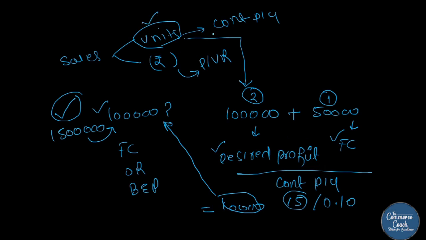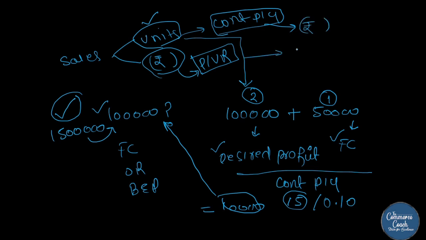If you are talking about the number of units, you can go with contribution per unit, and if you are talking about absolute rupees, you can go with the profit volume ratio. Contribution per unit is an absolute amount, and PV ratio is nothing but contribution divided by sales multiplied by 100, or contribution percentage. So in both ways you are considering contribution only.